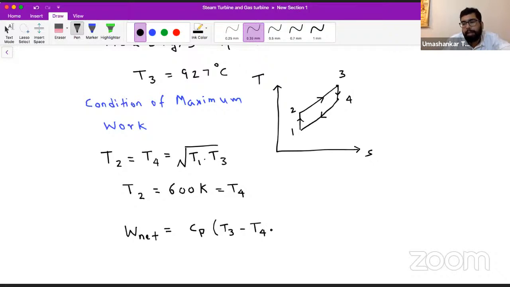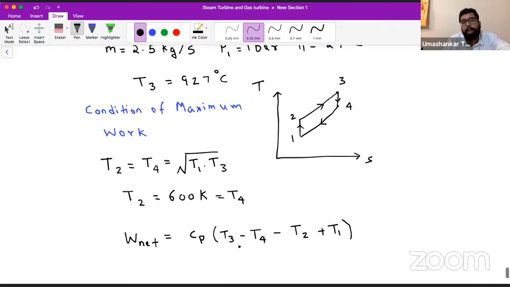So we must write like this: Cp times the turbine temperature difference minus the compressor work, T2 minus T1. Just subtracted it, so it will be like this.